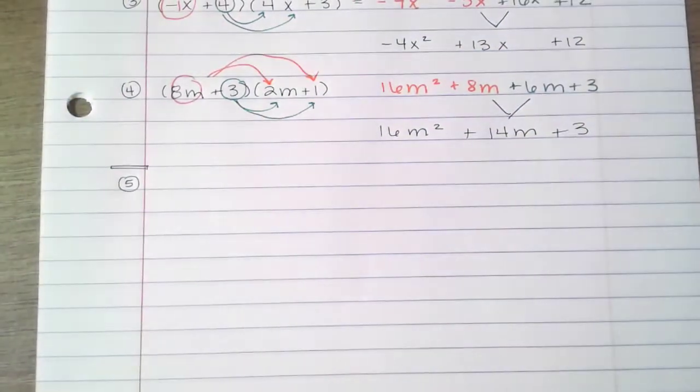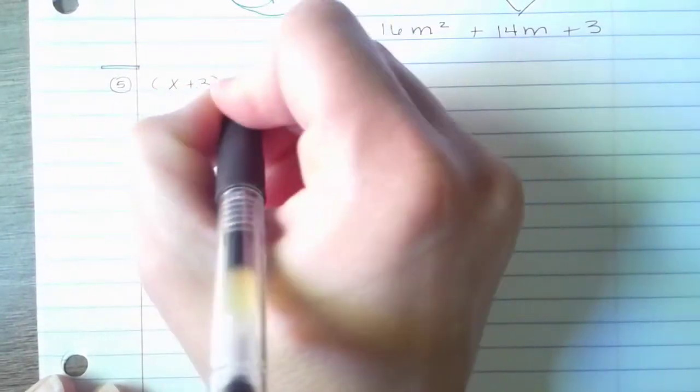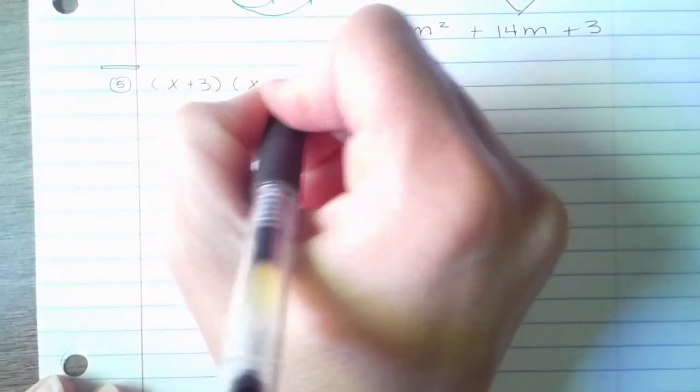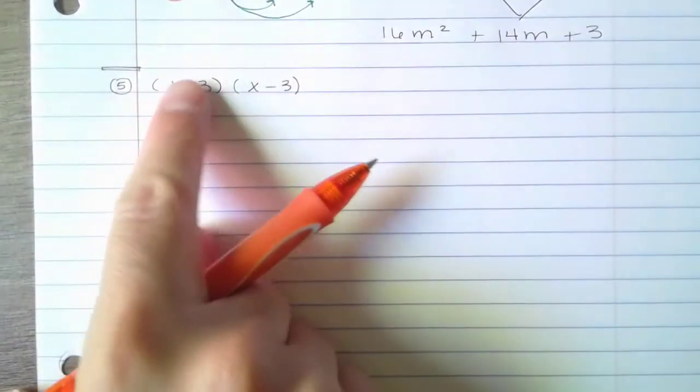Number 5 is going to look very similar to what we've been doing. x plus 3 multiplied by x minus 3. The same exact process. I want to keep telling you that everything is staying exactly the same. I pretend that 3 is not there.